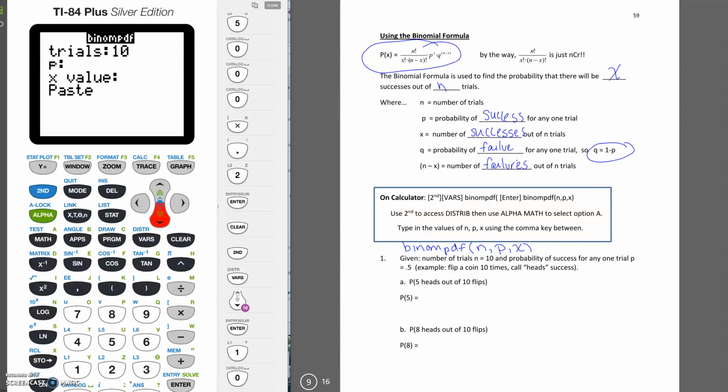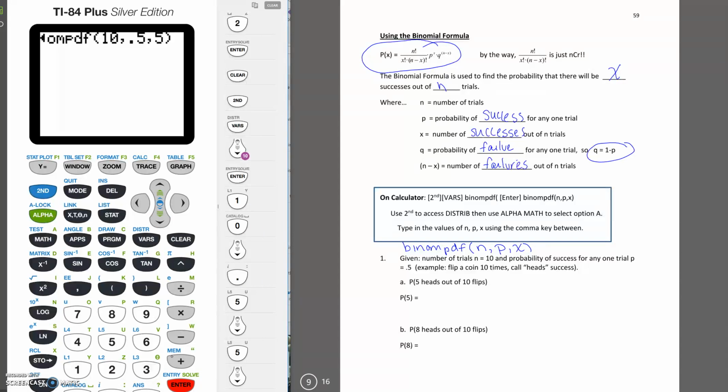Our p-value would be 0.5, and we want to find the x-value for 5 flips out of 10. You can see that it put in binompdf(n, p, x). So enter. Here we'd get 0.2461 if we round it to 4 decimal places.